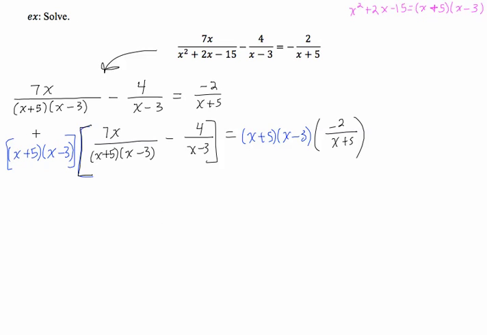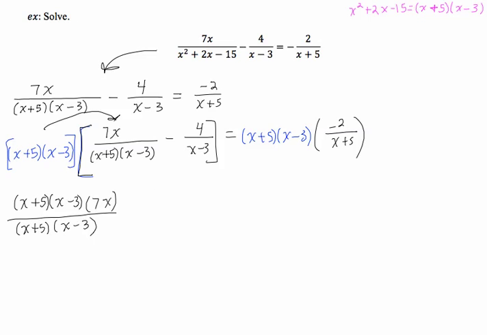So if we distribute this whole thing out, this whole thing, x plus 5 times x minus 3, all times this big first fraction right here, well, I'll write it out in this first example to make sure you see, but everything's going to cancel. So we'll have x plus 5 times x minus 3, that's this here in the blue, times 7x over x plus 5 times x minus 3.